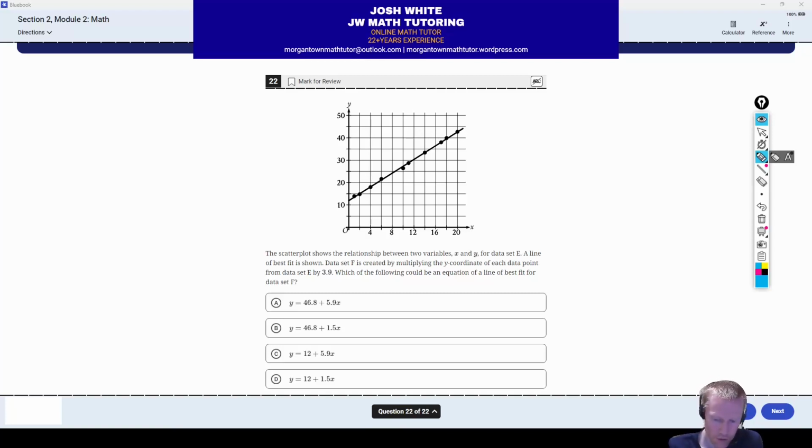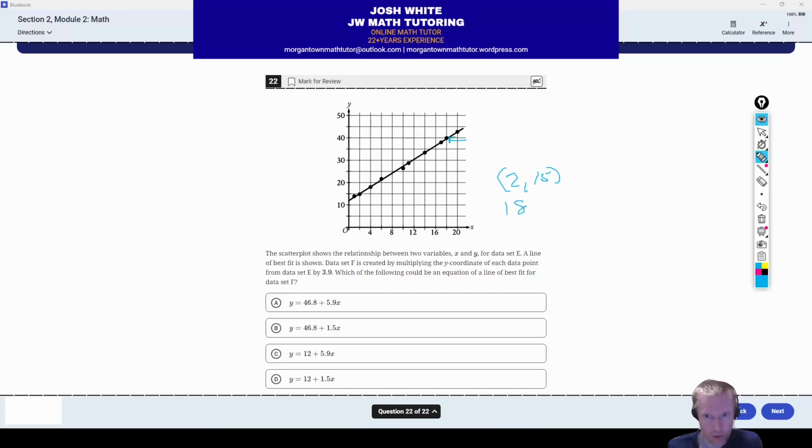Okay, so there's multiple ways that you could do this. What I would say is the easiest way is to pick a point here. So we have 2, 15. And then I look for another point that is kind of right on the intersection, so I know it's exactly on two values.